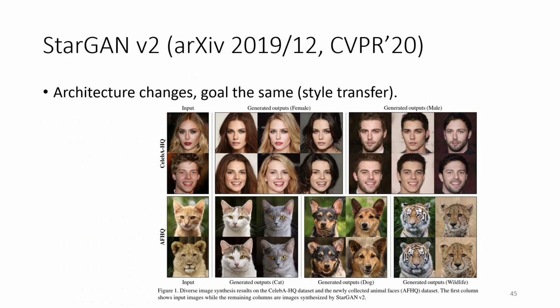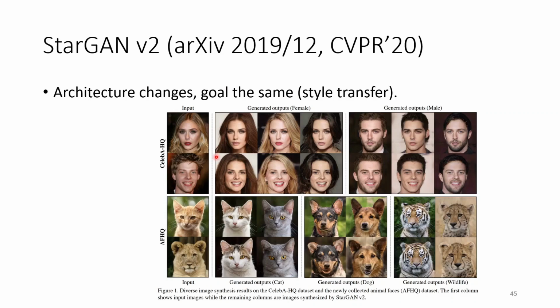Okay, then 2 years later, they published another method called StarGAN v2. The architecture changes in several ways, but their goal is the same. They want to transfer styles from one image to another image.